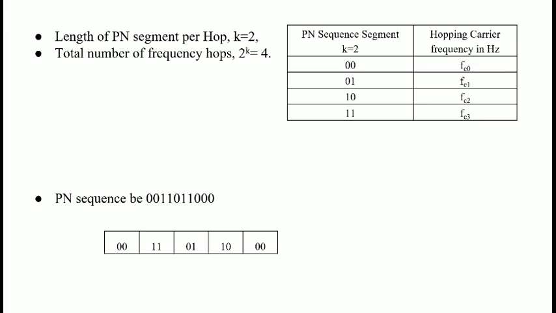For these bit combinations, the corresponding hopping carrier frequency in hertz can be represented as FC0, FC1, FC2 and FC3. For the given PN sequence, group it into bits of 2. So this table, parameters 3 and 4, is for the carrier frequency or PN sequence.